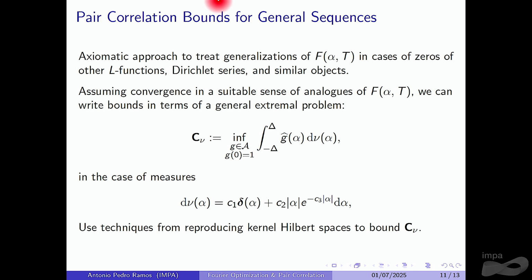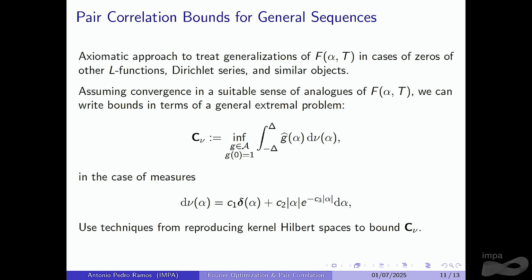And so we can bound the averages of analogs of the f function for all these objects, essentially by looking at this class of Fourier optimization problems, where you're trying to minimize the integral of g hat with respect to a certain measure nu, that in the examples we're interested in usually has this form. It's basically a Dirac delta times a parameter, plus an absolutely continuous part that has these two parameters here.